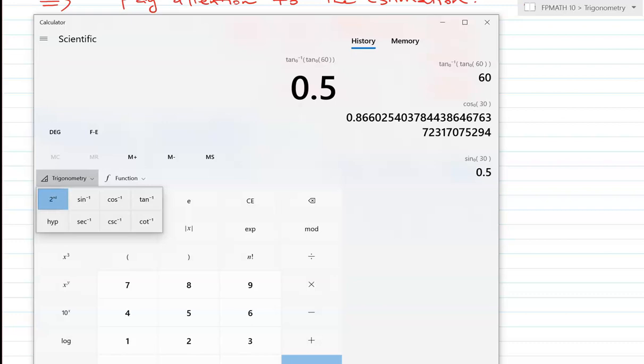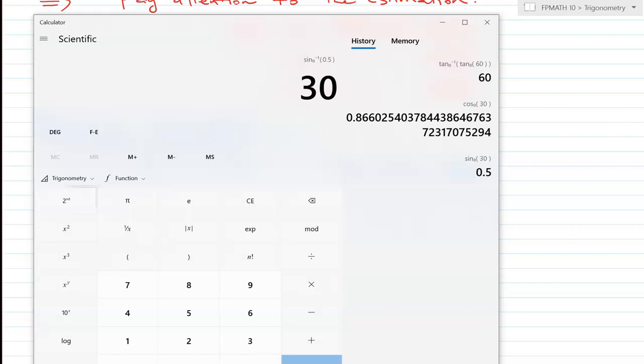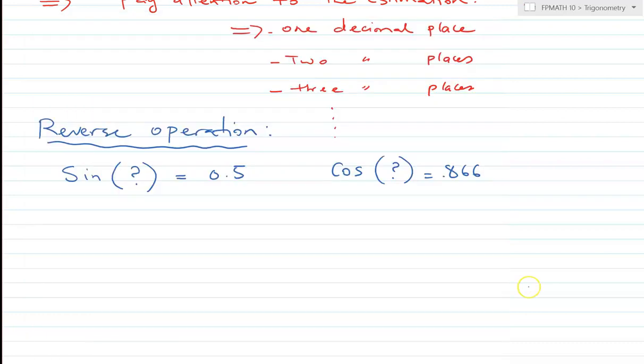Now that's how you read that. It's not sine to the power of -1, it's actually the sine inverse. And then when I press that, I get 30 degrees back.